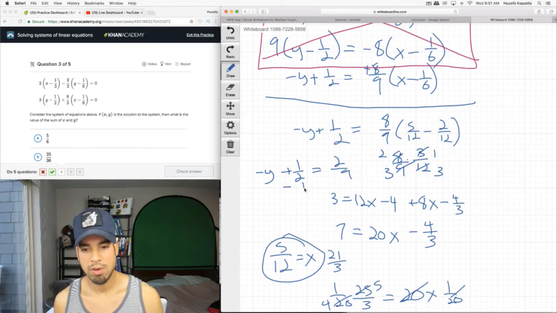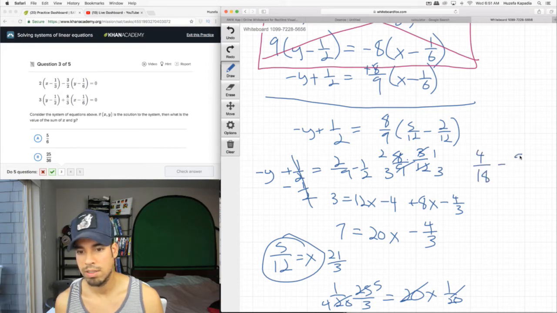And then subtract 1/2 from both sides. Okay, so that's 9/18. Sorry. So it will be 4/18 minus 9/18, which is negative 5/18.